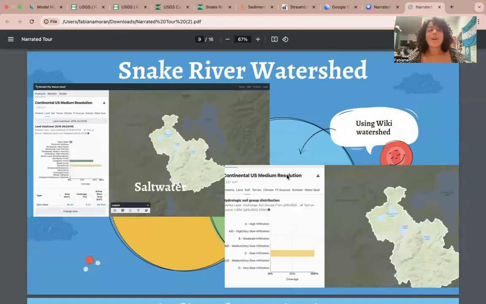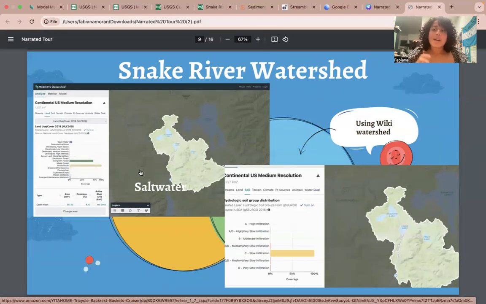Moving forward, I'm going to talk about characteristics of the Snake River watershed. We can see that the land use for this area is mainly evergreen forest and shrubs. This is good because it's not going to have a lot of human-led pollution or much agricultural runoff from excessive fertilizer use.